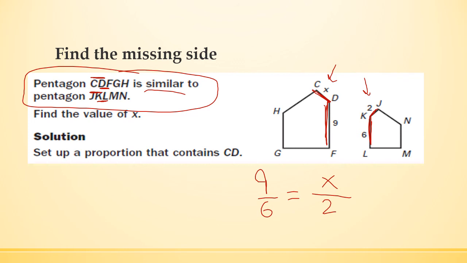So if you solve for x and you get a number smaller than 2, then you probably set your proportion up incorrectly. Remember, you could set it up different ways. So anyway, cross multiply, it's going to end up being 6x is equal to 18. So x is 3, which is bigger than 2, so that makes sense. Found the value of x.